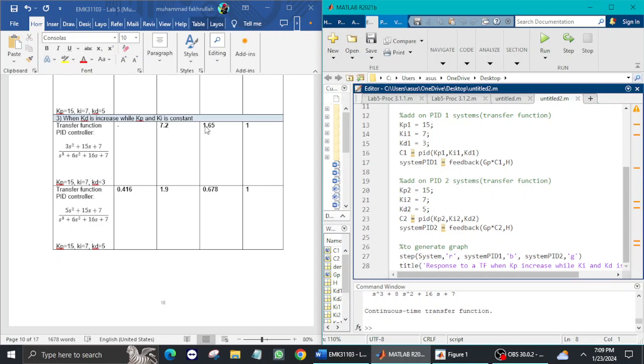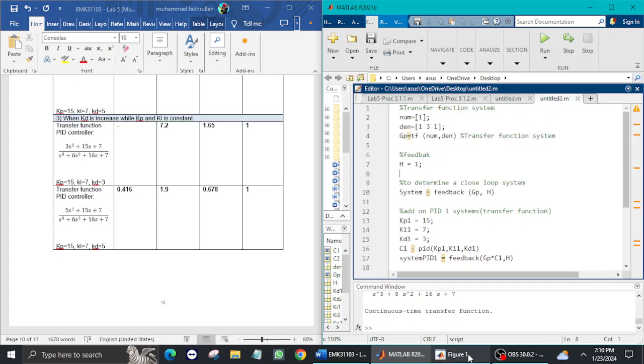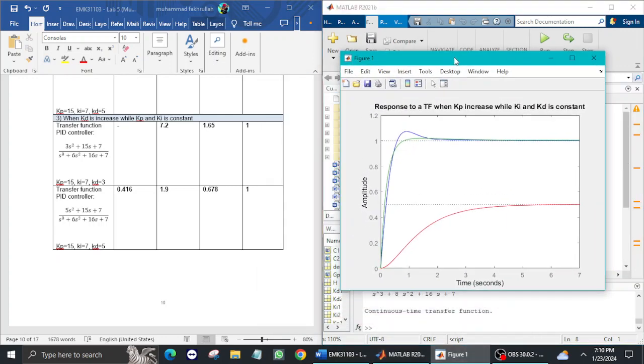KP and KI are constant, that means KP1 is 15, the same as the PID2 system, and KI1 and KI2 are also constant at 7. Okay, this is my coding, then this is my result.